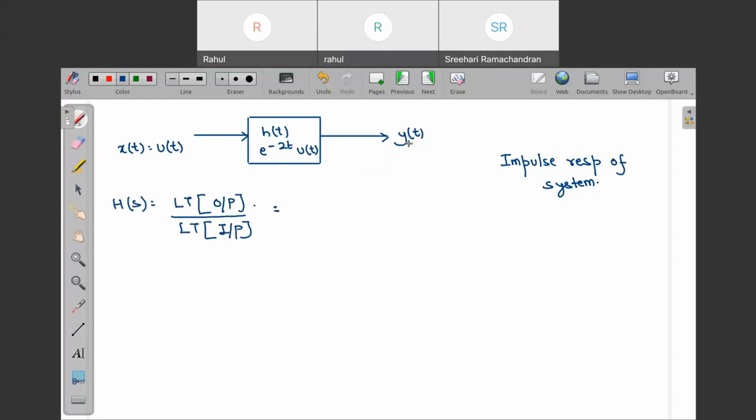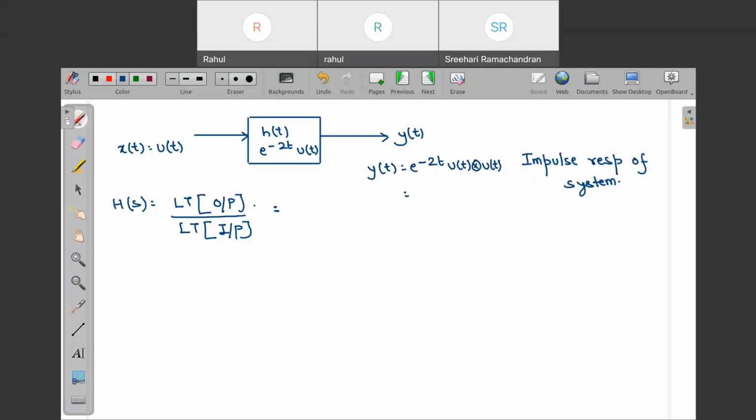The output here will be e to the power minus 2t u(t) convolved with u(t).